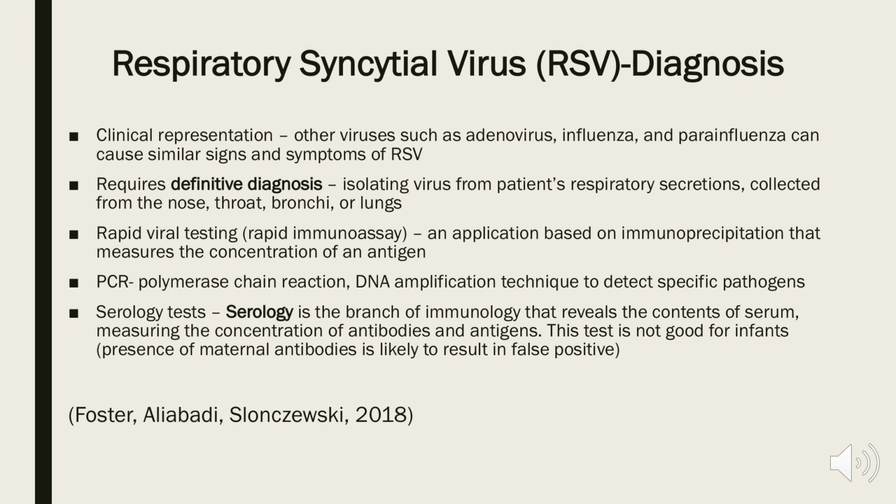RSV requires a definitive diagnosis: isolating the virus from patients' respiratory secretions collected from the nose, throat, bronchi, or lungs, rapid viral testing, rapid immunoassay, which is an application based on immunoprecipitation that measures the concentration of an antigen, PCR, polymerase chain reaction, a DNA amplification technique to detect specific pathogens, and serology tests.